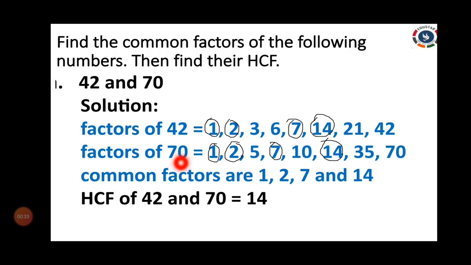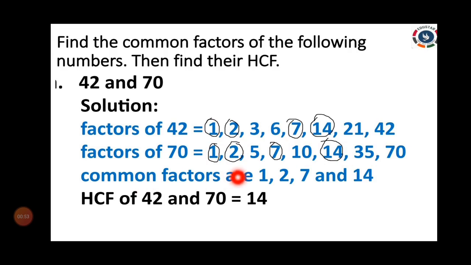Then 6 won't come because it is divisible by 2 alone, not 3. Then the 7 table, 7 10s are 70. Then again the 10 table will come, so you can stop there. So these values are all the factors.